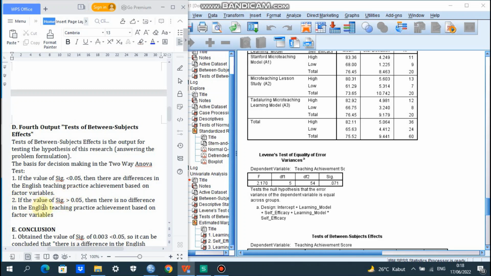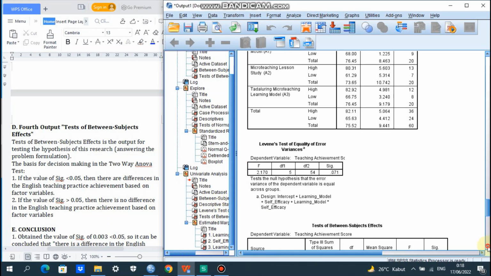And then rule number 2, if the significance value is more than 0.05, there is no difference in the English teaching practice achievement based on the factor variables.